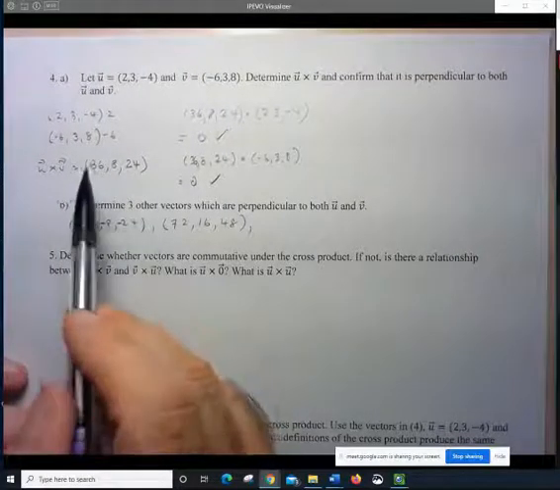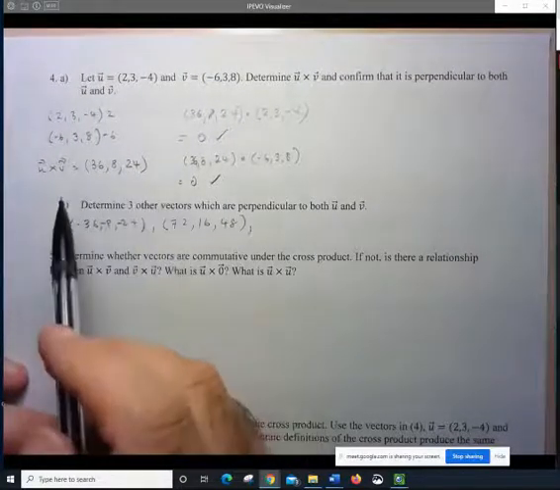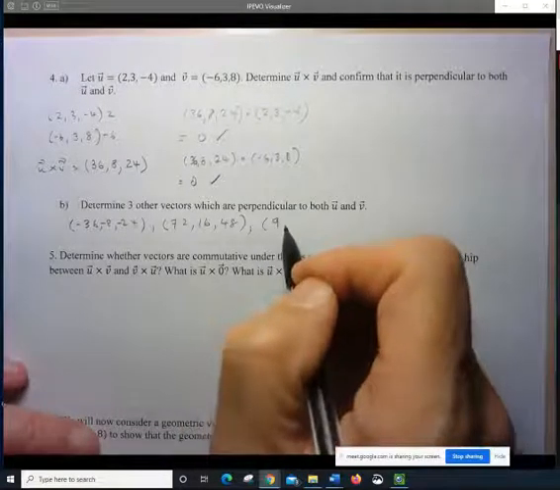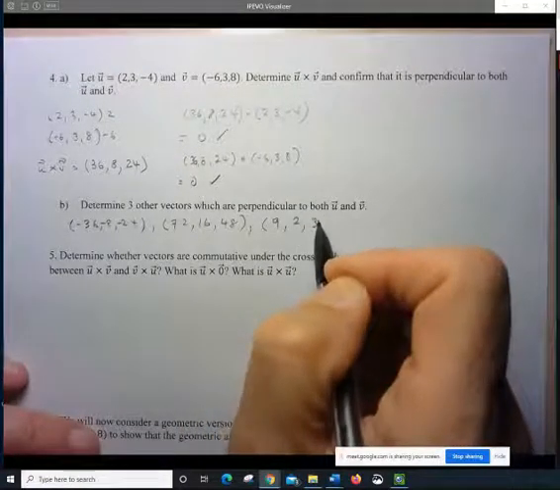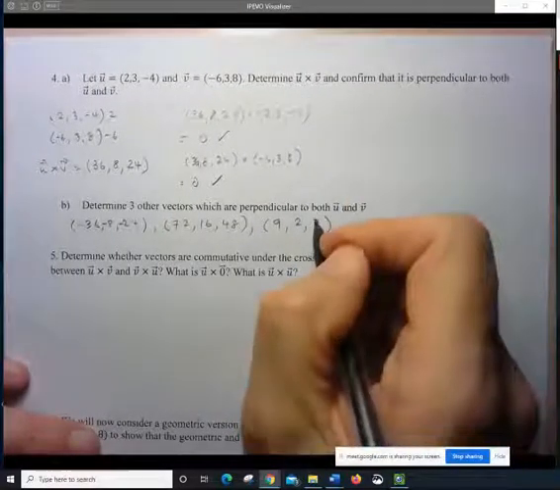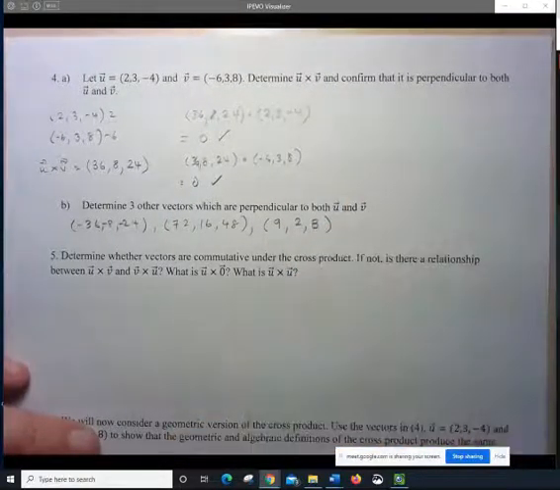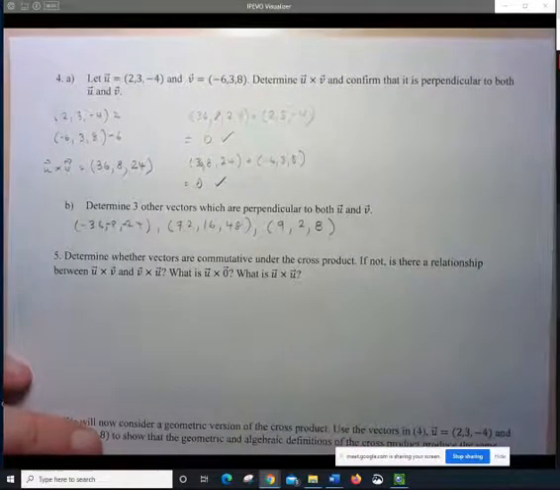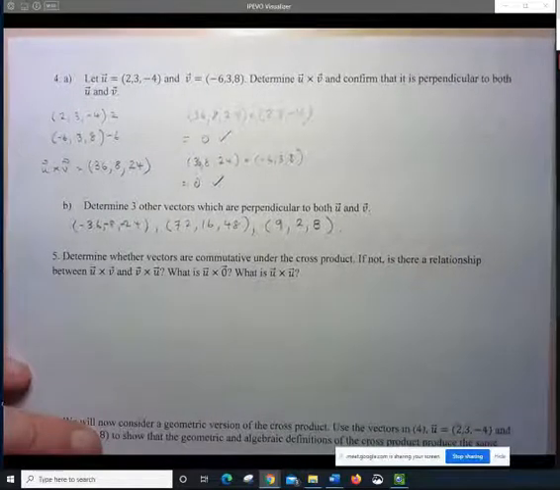In this case, it looks like it's going to be 4. So here, 9, 2, 8. Sorry about that. 9, 2, 8 would be, I'd say, the simplest of all possible vectors that's perpendicular to those 2.